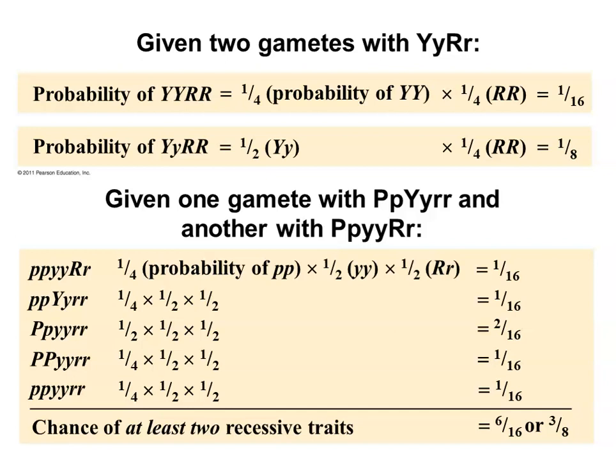You would look through these other examples exactly like that, and once you have the individual probabilities of those combinations of alleles, you can determine the chance of having two recessive traits by adding all of those individual probabilities together.